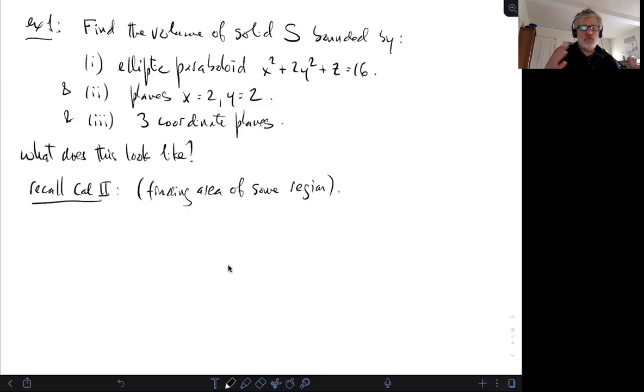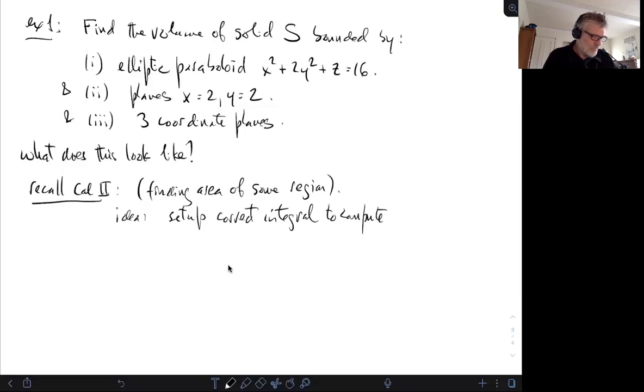I should write this. Recall Calc 2, finding the area of some region. What you had to do is basically set up an integral to find your area. So the idea was to set up the correct integral to compute. That's always the idea. Okay, so this is the same thing. Basically what we want to do is to find, so here's the same.